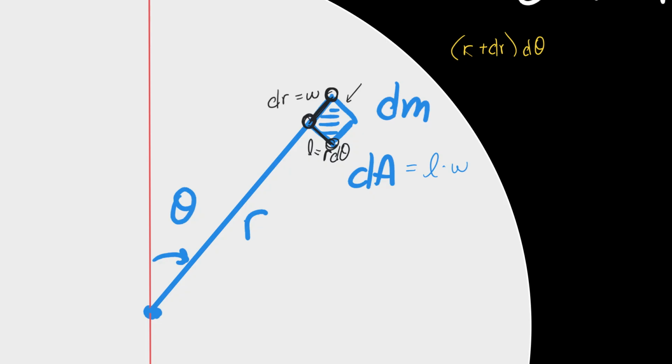So if I was using that side instead of this side, that would be the length. And you would still get r d theta, but then you would also get this dr times d theta, something super, super small multiplied by something super, super small. So that's super small squared.